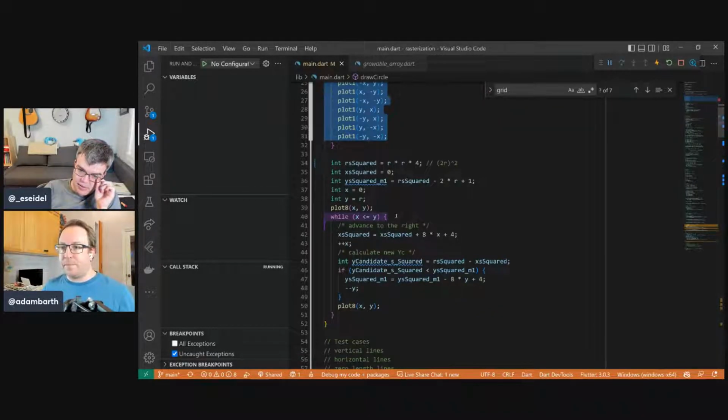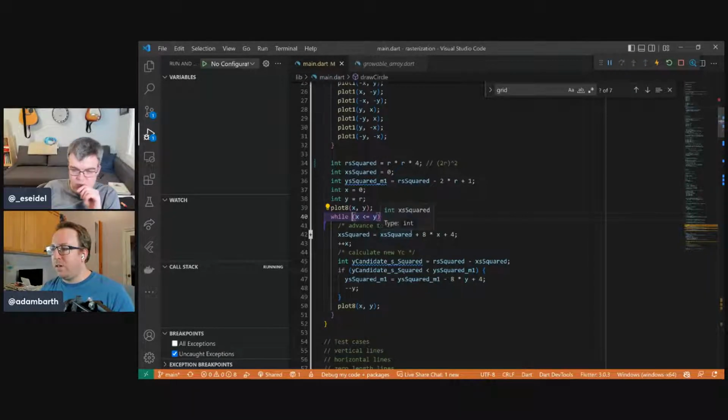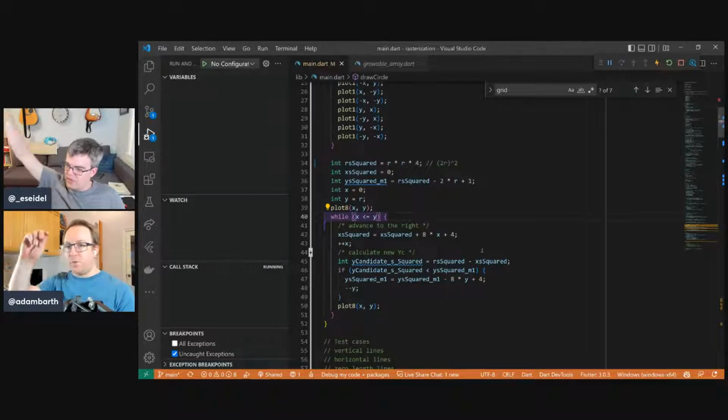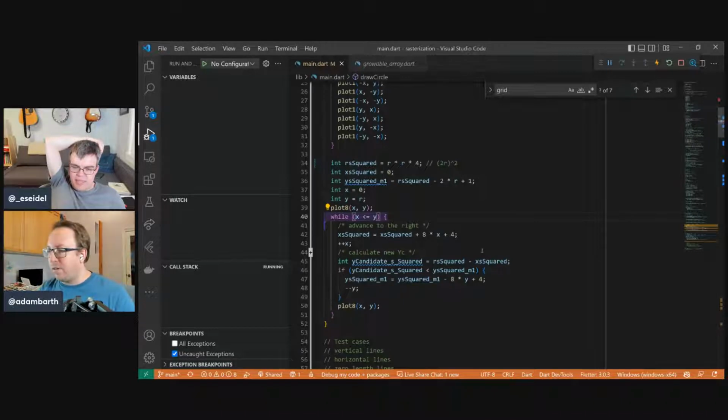Correct. All right, so okay. So this is imagining we're starting at the North Pole as you described it, and we're drawing along the crust of the pizza until we hit the edge of the pizza slice. Yeah. Okay. Got that. Yep. That makes sense. Okay. So advance to the right.